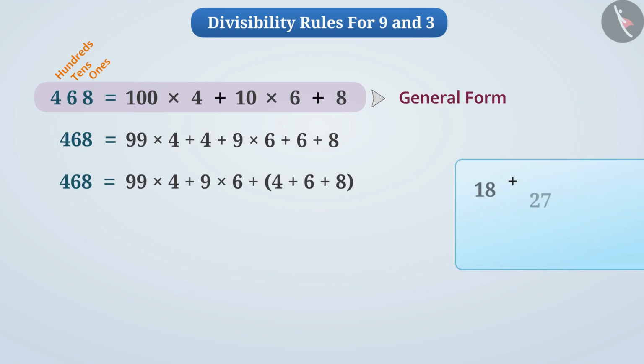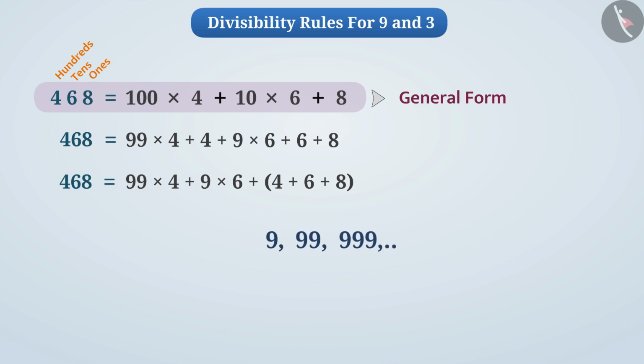If the sum of two or more numbers is divisible by 3 or 9, then the sum is also divisible by 3 or 9. Similarly, we can write numbers like 9, 99, 999 as 9 multiplied by 1, 9 multiplied by 11, 9 multiplied by 111 and so on.